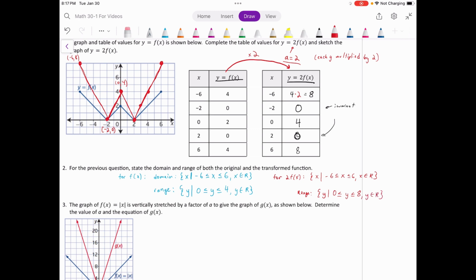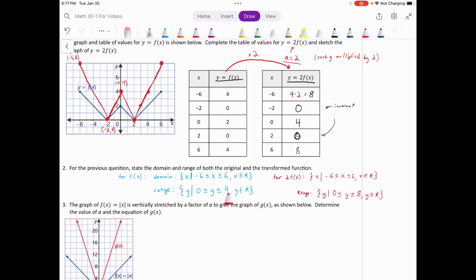Now this actually makes a ton of sense. What did we do? We multiplied every y value by 2. So if our old minimum was at 0, we'll multiply that by 2, still at 0, right? But our old maximum used to be at 4, multiply that by 2, now it goes up to 8, right? Visualize stretching this graph by a factor of 2, every y value getting multiplied by 2. That's going to essentially multiply the ends of our range by 2 as well.